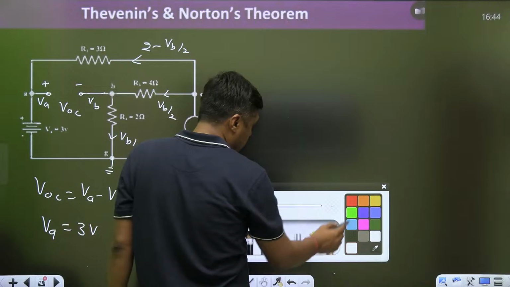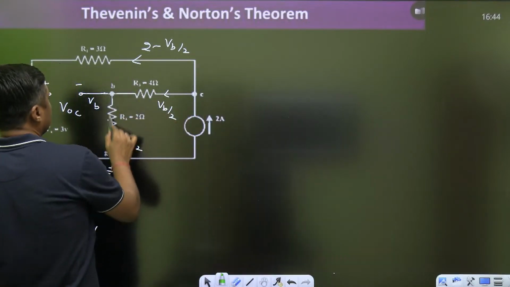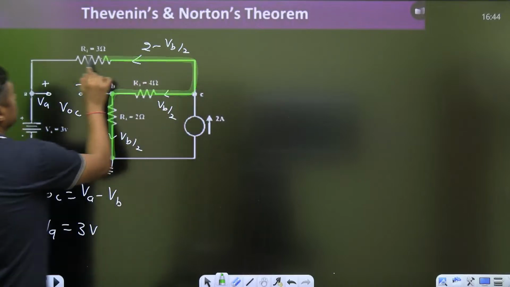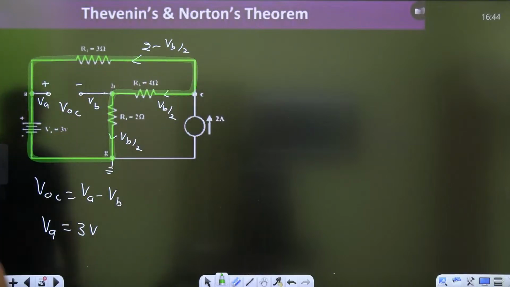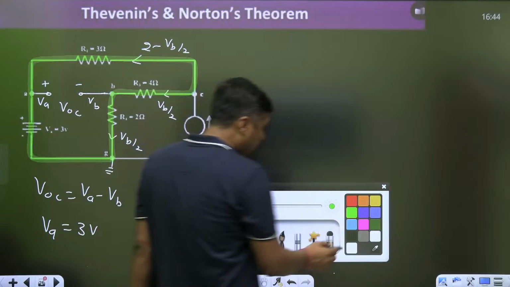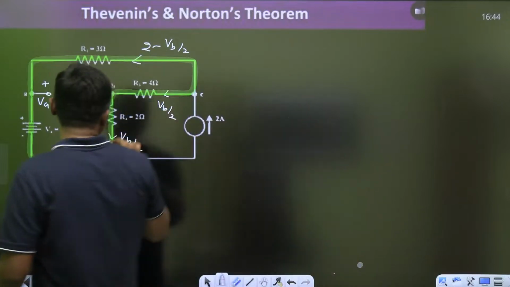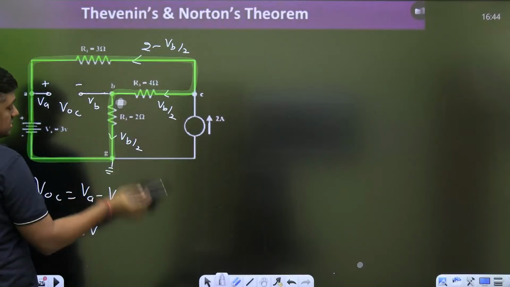I will give you the shortcut. Now, from this point to this point, you can write KVL. This is the closed loop, and you will get the value of the VB, and VA minus VB is equal to VOC. Simple. Let us see, we already have the answer, 1 volt. Now check. This is because the current is in opposite direction. This is the plus minus.